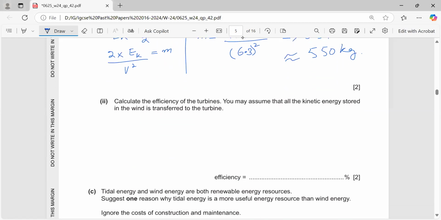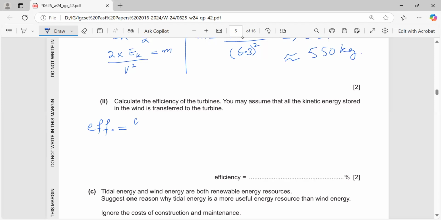Okay, now calculate the efficiency of the turbine. You may assume that all the kinetic energy stored in the wind is transferred to the turbine. So for efficiency, we know the equation, we will write it first.